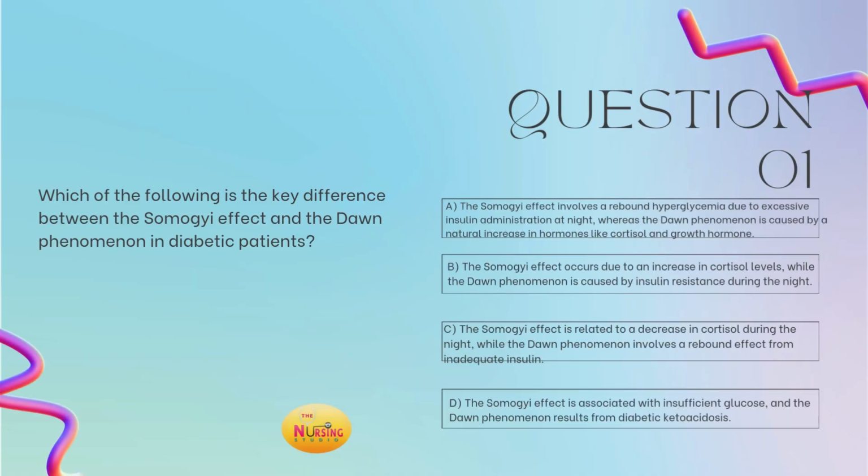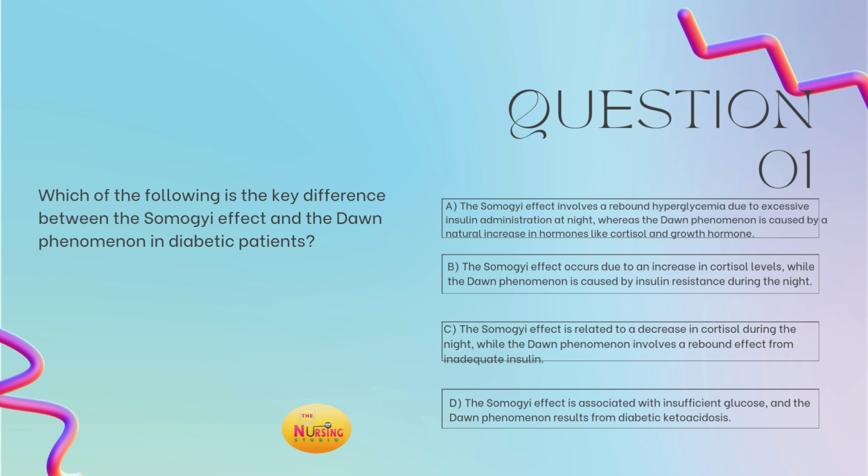Question number one states, which of the following is the key difference between the Somogyi effect and the dawn phenomenon in diabetic patients? Is it A, the Somogyi effect involves a rebound hyperglycemia due to excessive insulin administration at night, whereas the dawn phenomenon is caused by a natural increase in hormones like cortisol and growth hormone? B, the Somogyi effect occurs due to an increase in cortisol levels, while the dawn phenomenon is caused by insulin resistance during the night.